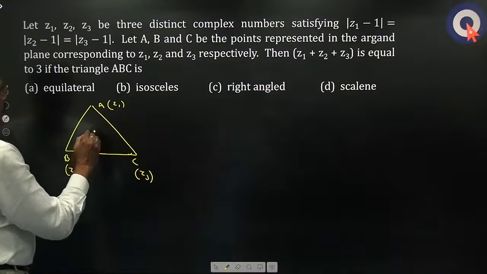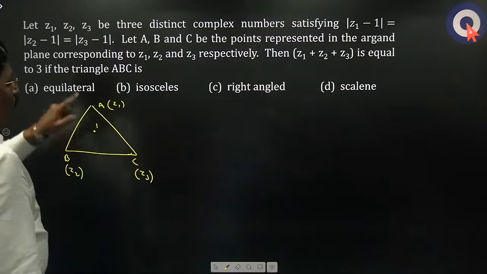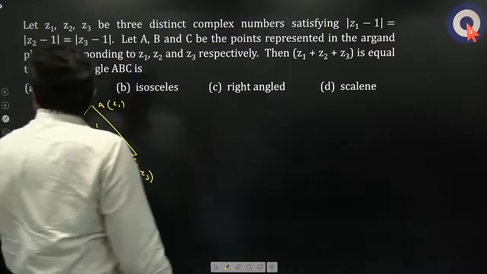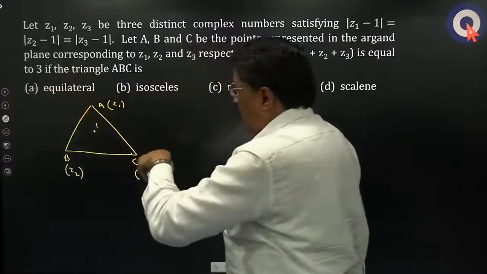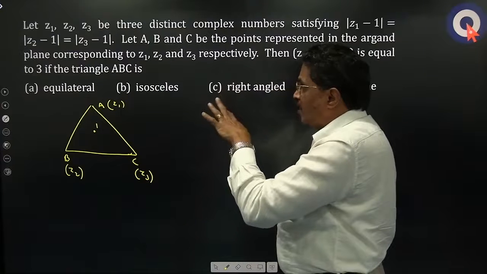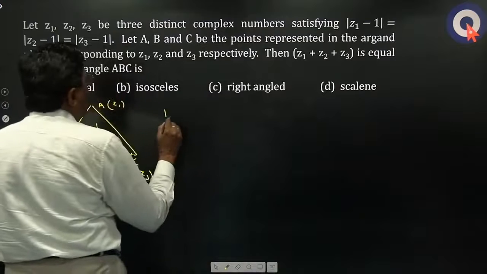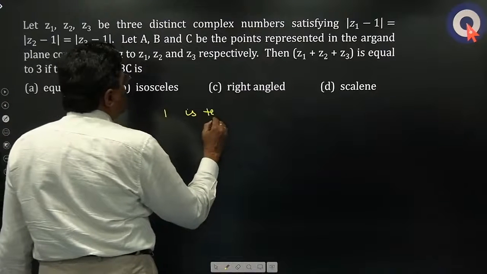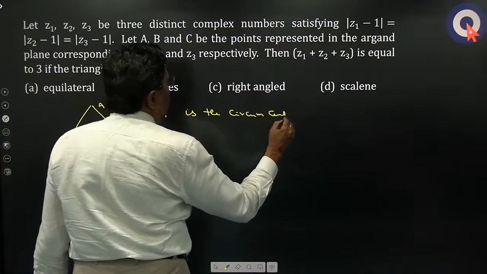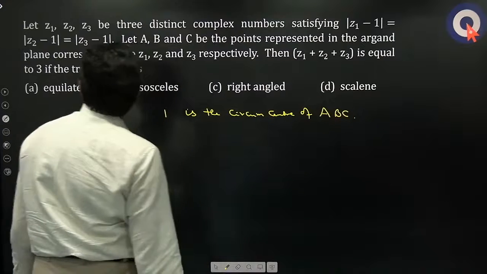And there is a point 1. Now it is given that the distance from Z1 to 1, that is mod Z1 minus 1, is equal to the distance from Z2 to 1, that is mod Z2 minus 1, and the distance from Z3 to 1, that is mod Z3 minus 1. These three are the same. So obviously 1 is the circumcenter of ABC. All right.